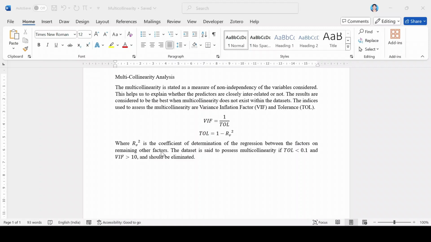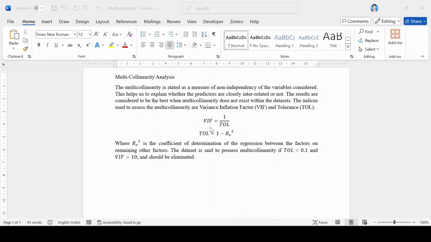The dataset is said to possess multicollinearity if the tolerance value is less than 0.1 and the VIF is greater than 10. In such a case, the variable should be eliminated and not considered for modeling.